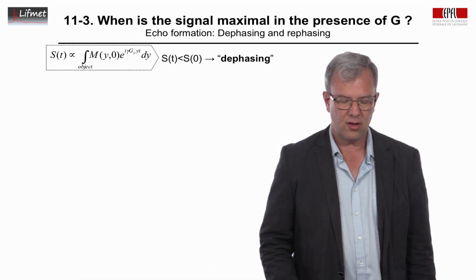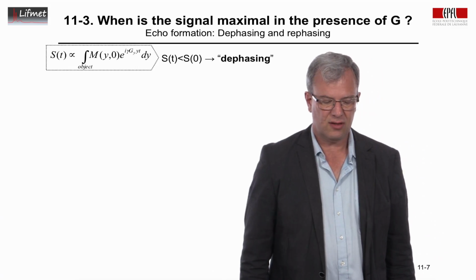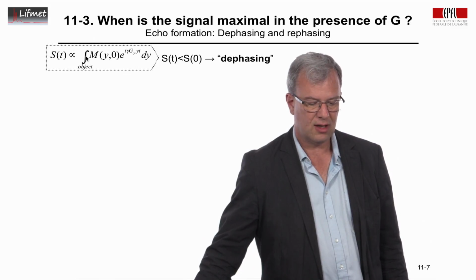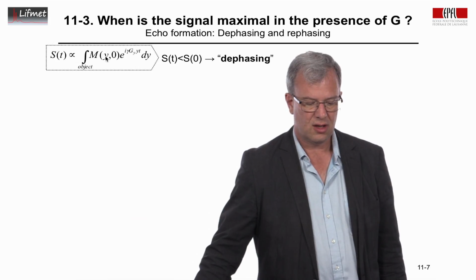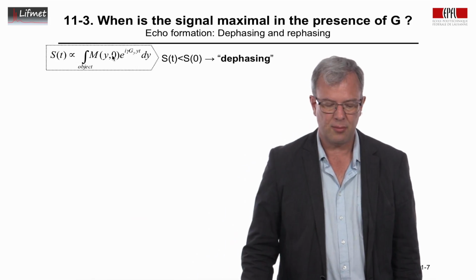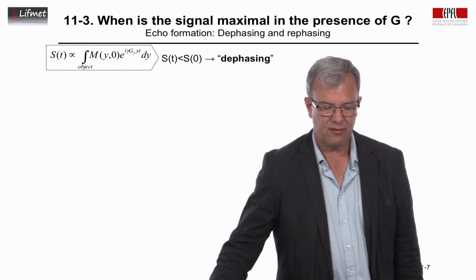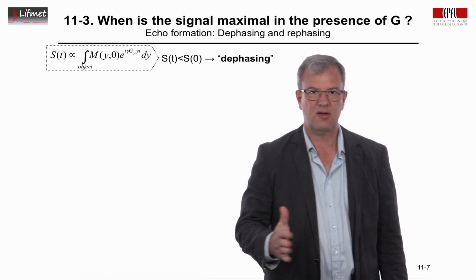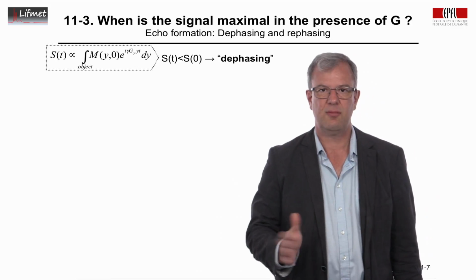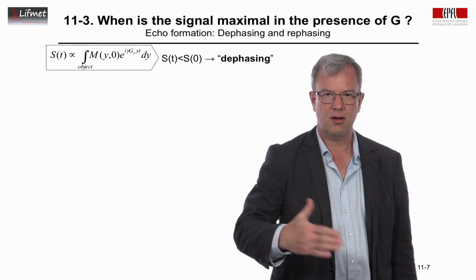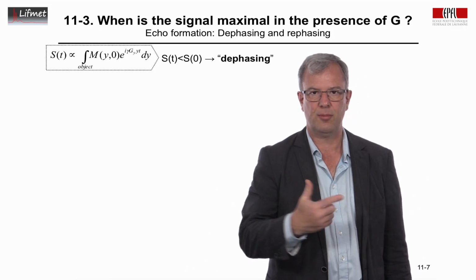signal. If we look at this equation here, we can see that at time 0, this term is 1, and then the signal as a function of time is the magnetization, it's constant. However, if we apply the gradient and look at times bigger than 0, then we have increasingly one magnetization vector corresponding to a positive y position moving in one direction, the other magnetization rotating in the other direction in the complex plane.